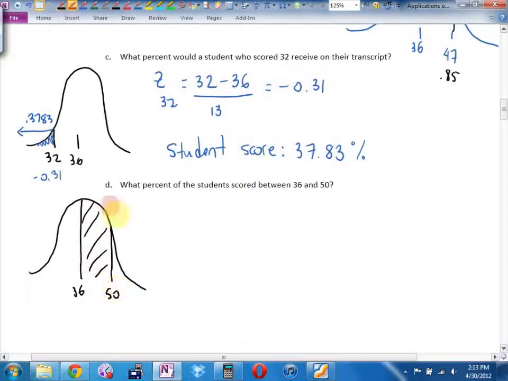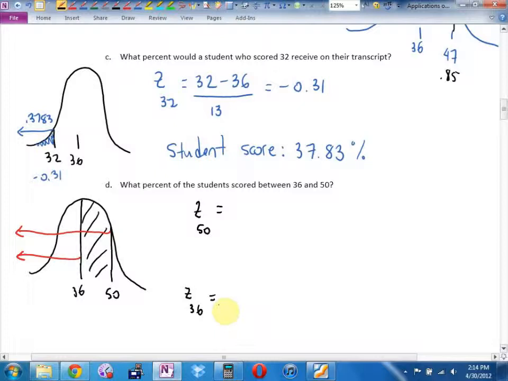Well, we're going to take this away from that. How? Find the Z-score that goes with 50. Find the Z-score that goes with 36. Try those on your own first of all. That means you'll have to write stuff down and do some work.